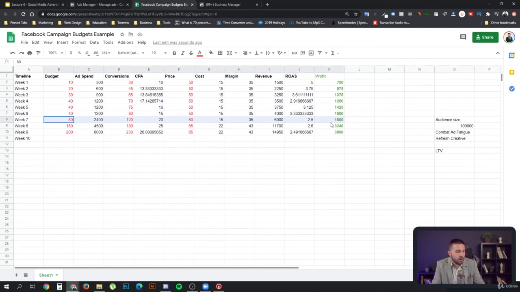And then you go and think about a significant increase in advertising spend. And you take your budget from $300 to $6,000, right? This is a 20-time increase in about 9 weeks, right? So that's 2 months, 2.5 months.